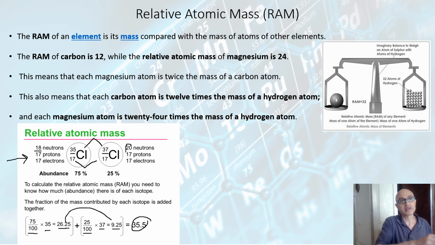Sulfur weighs 32 times as much as an atom of hydrogen, so we give it a relative atomic mass of 32. More professionally, sulfur weighs 32 times as much as 1/12 of carbon-12. 1/12 of 12 is exactly 1, which is why we use this standard.